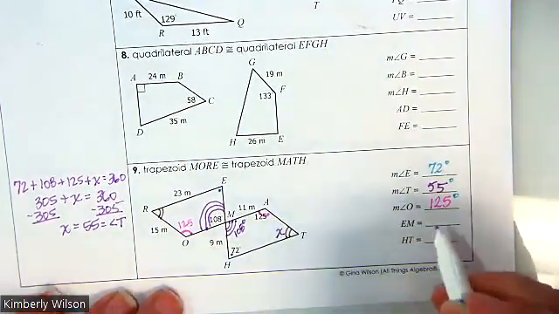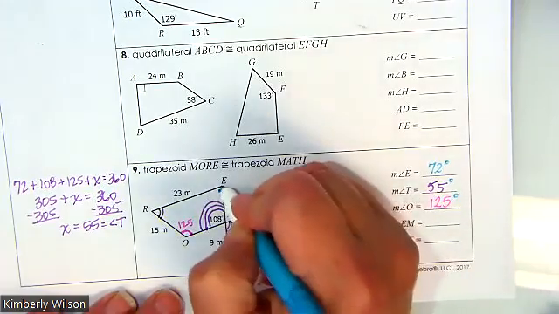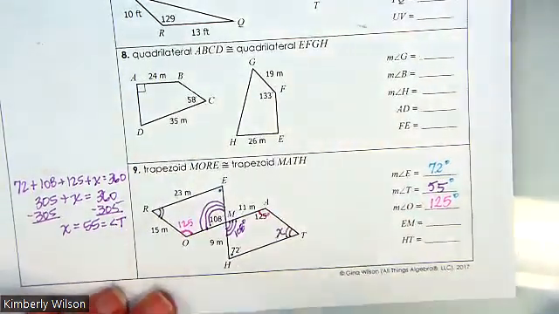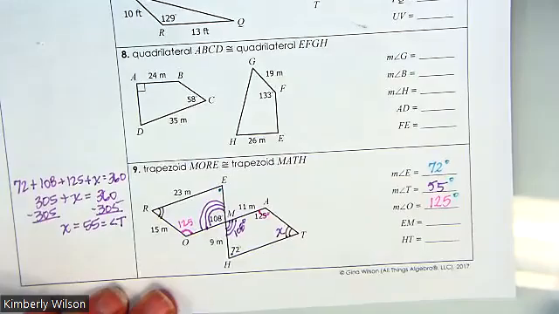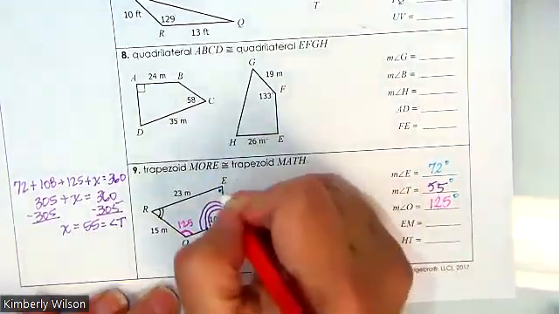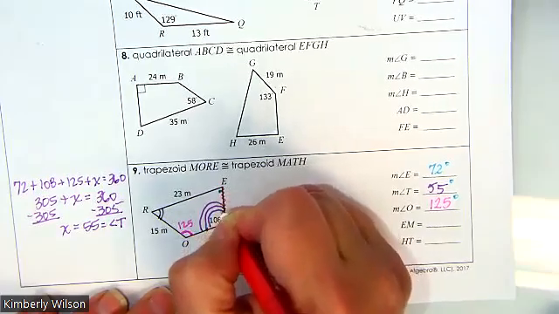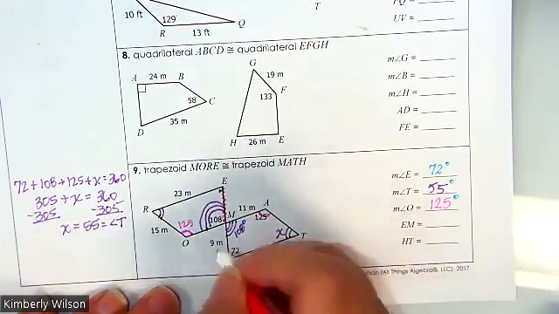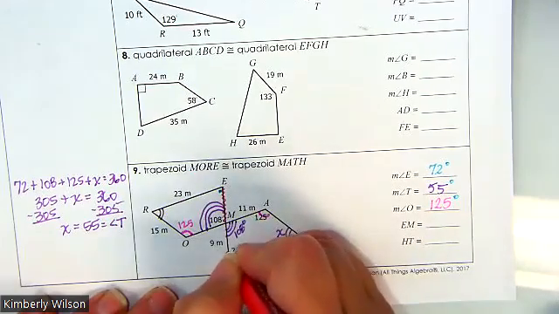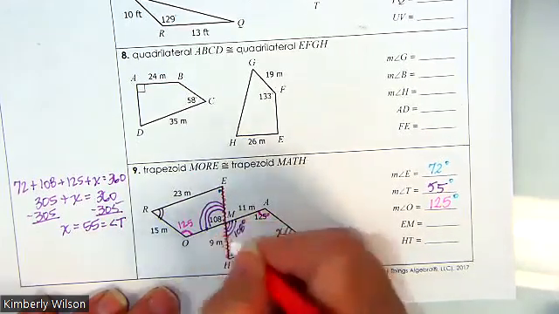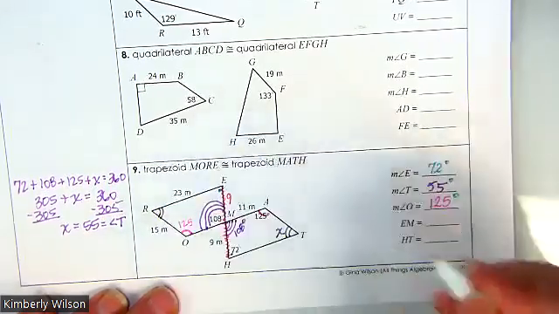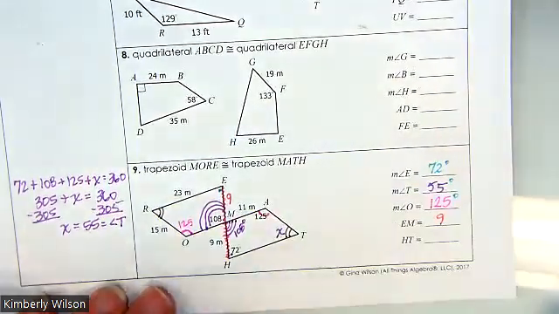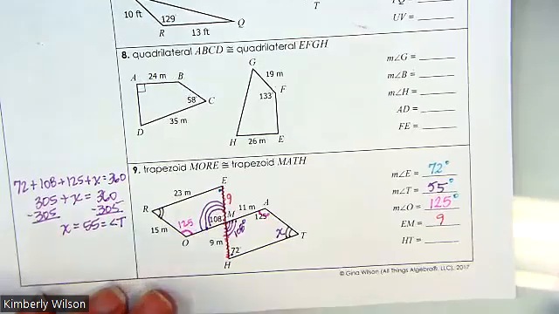Now we're looking for side EM. This is the side I'm looking for. EM goes with HM. This is 9, so this is going to be 9 because the corresponding sides are congruent.